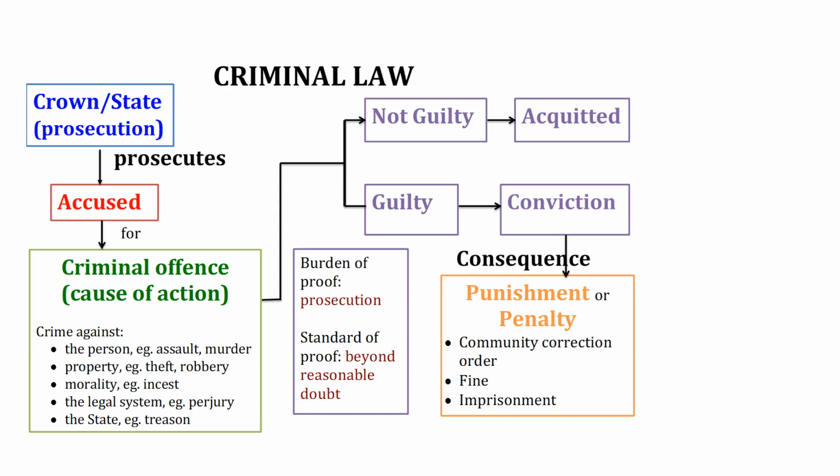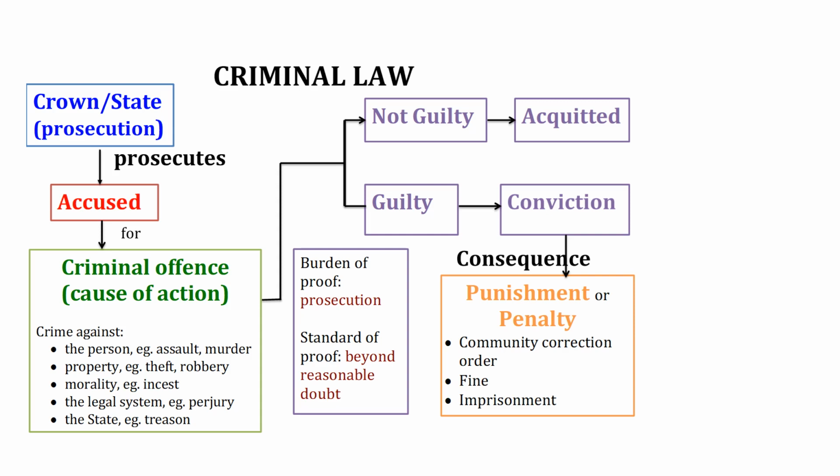So, in a criminal case, the Crown or the State, that is the prosecution, prosecutes the accused for a criminal offence. In the second video, we looked at a range of criminal offences. We looked at crimes against the person such as assault and murder, crimes against property such as theft and robbery, crimes against morality such as incest, crimes against the legal system such as perjury, and crimes against the state such as treason.